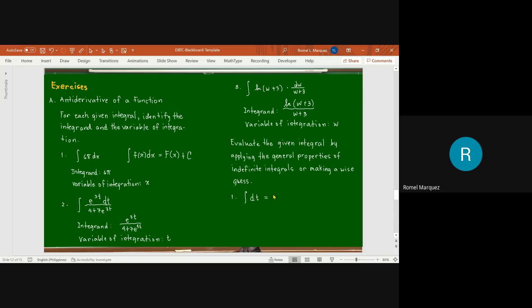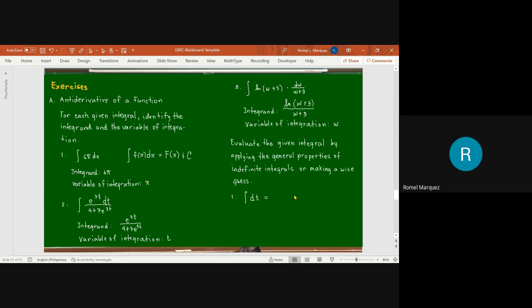As a rule, always add an arbitrary constant represented by c.